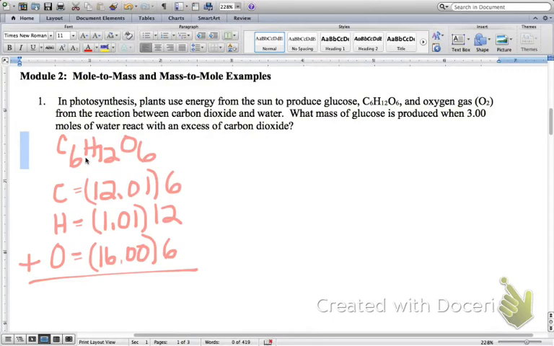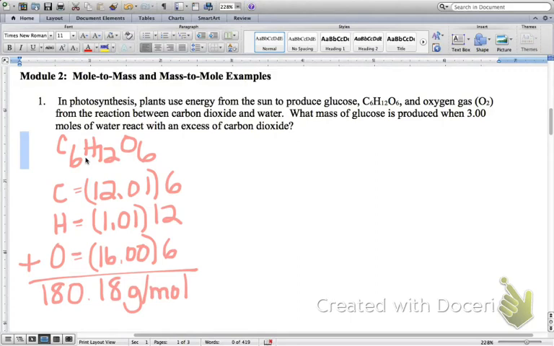So what we've got to do is use a calculator right now to add up all of those masses. And when I do that, I think the number we might get is 180.18 grams per mole. I got the same except I got 0.06. You got 0.06? Well, this would be 0.06, this would be 0.12, and then this one would be 0.06 again.